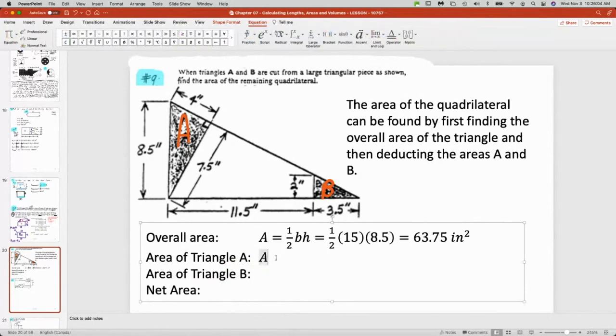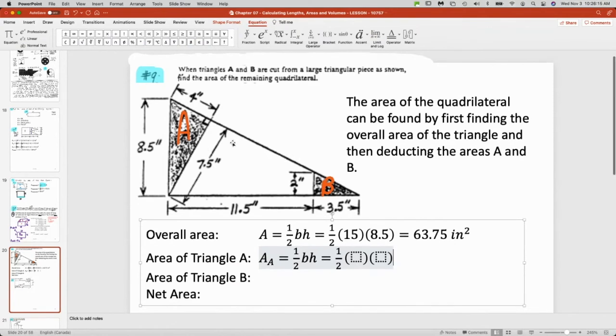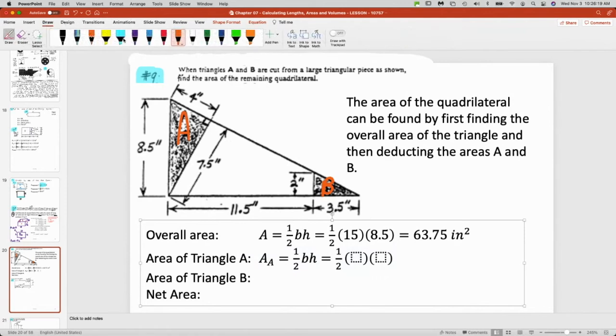Okay, let's find the area of this triangle A here. So the area of triangle A. We have a base and a height there. I'll highlight these ones. These ones are a little bit funny. So here's triangle A. We could use that as the base and that as the height.